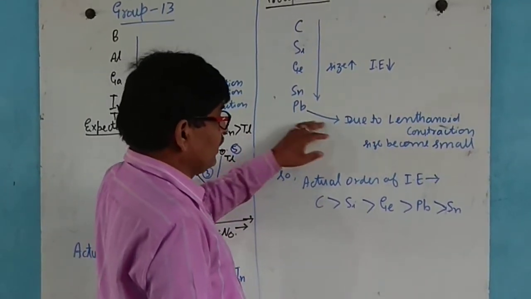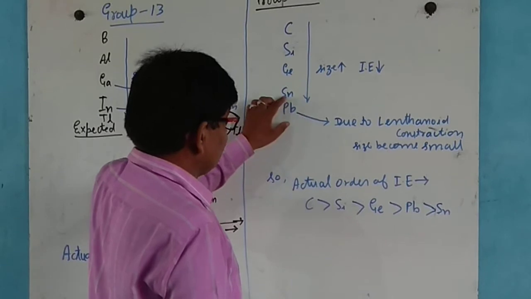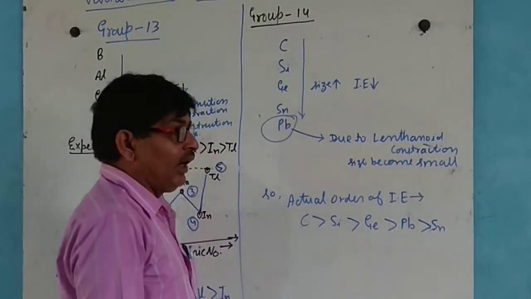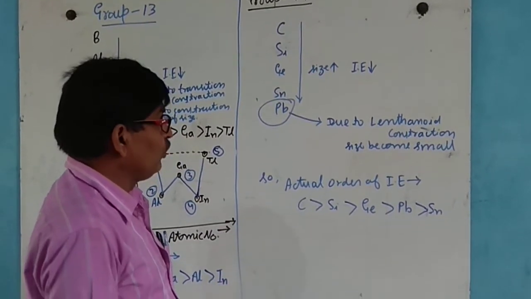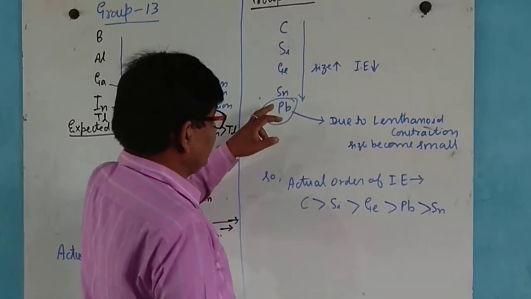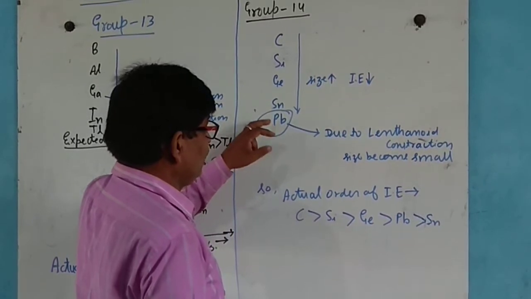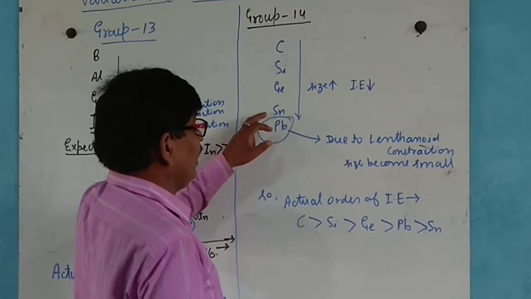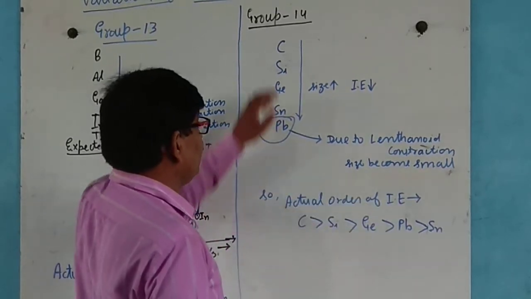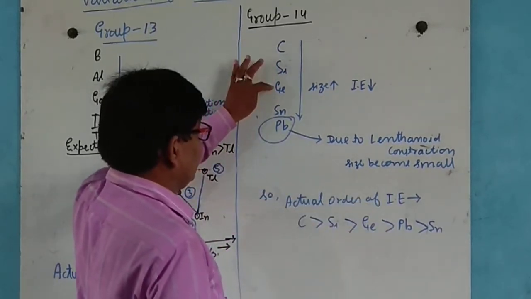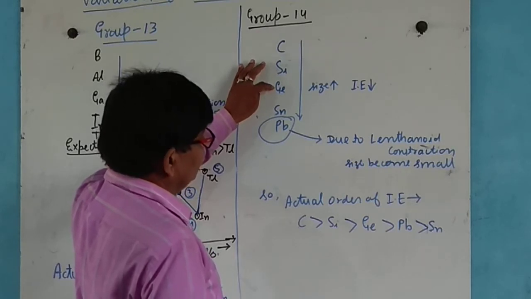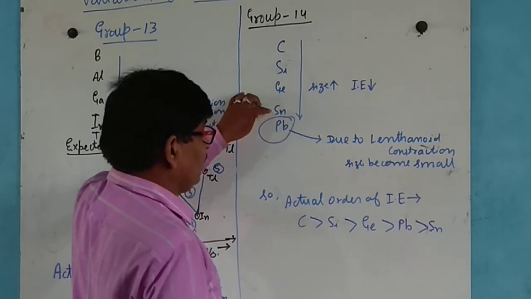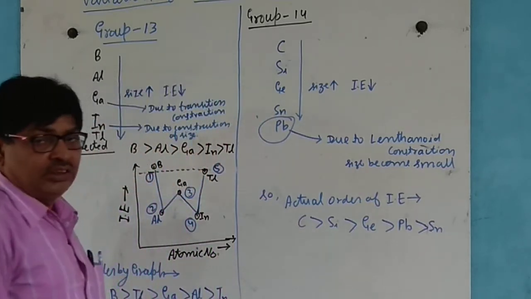Due to lanthanide contraction, the size of Pb becomes small. Due to this, ionization energy of tin is greater than lead, so the actual order of ionization energy will be carbon greater than silicon, greater than germanium, greater than Pb, and at last tin.